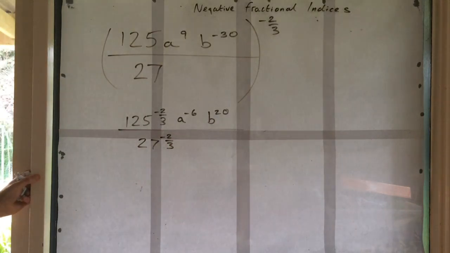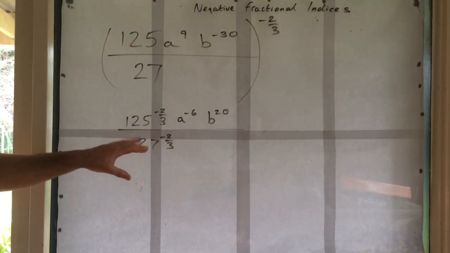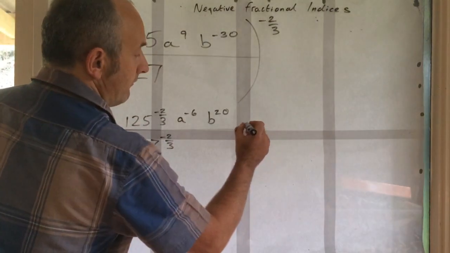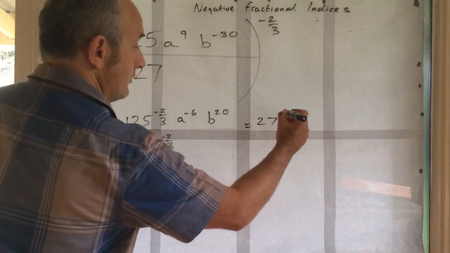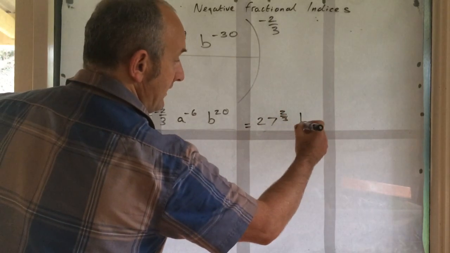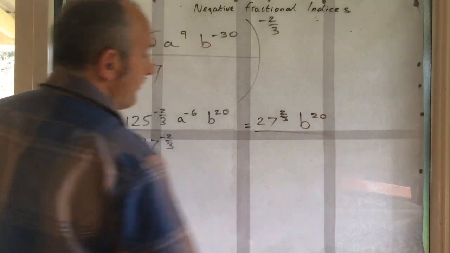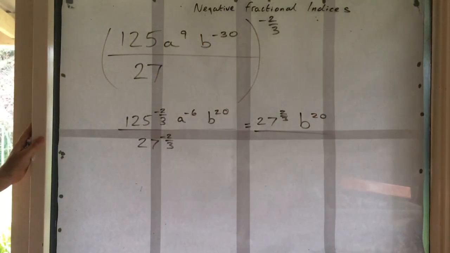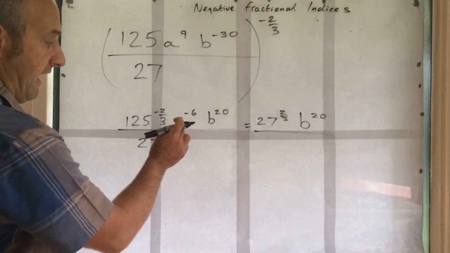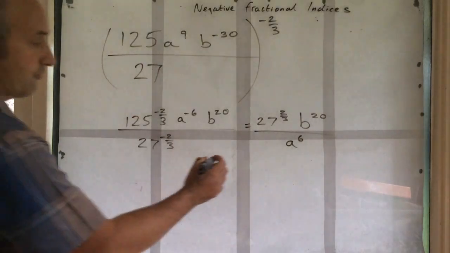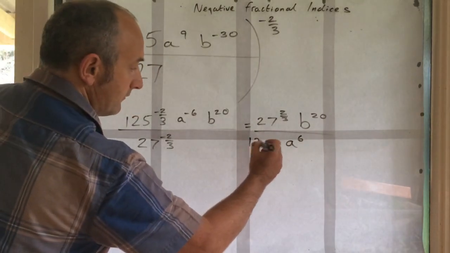Okay, so now we're going to use positive indices. So now we're going to swap these two over. We've now got 27 to the 2/3, and we've got b to the 20. All these are up in the numerator. You see that moved upstairs, and that stayed upstairs. Now, a to the minus 6 moves down, and 125 to the 2/3.